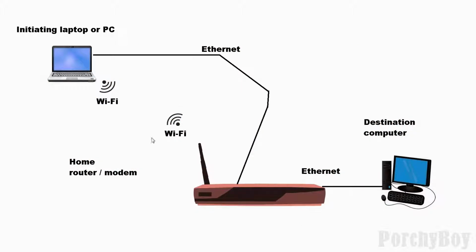Likewise, you could also have the Wi-Fi hooked up to your laptop. It doesn't really matter. It's better to have a wired connection than a Wi-Fi. So this would be a router, a modem provided by one of the local providers in your neighborhood, and these would be your local computers.